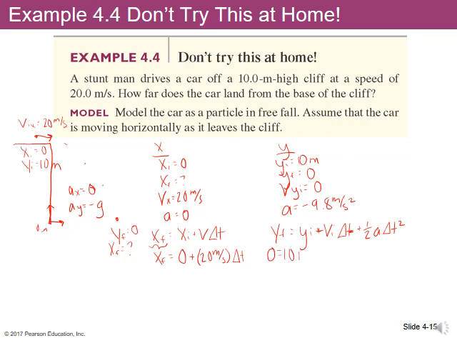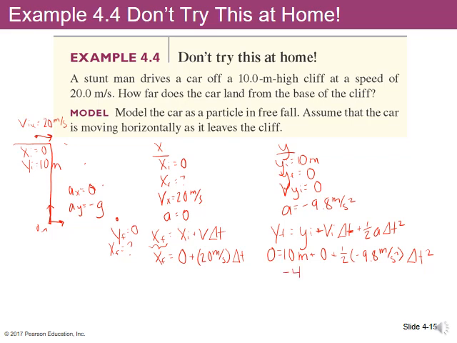So we have this is 0, this is 10 meters. Our initial velocity is 0. Our acceleration is negative 9.8 meters per second squared, times delta t squared. So what we need to do is rearrange this equation to solve for delta t.